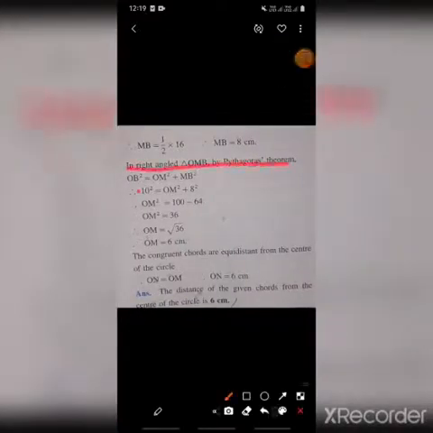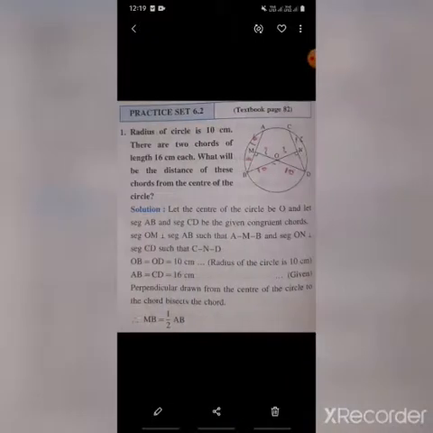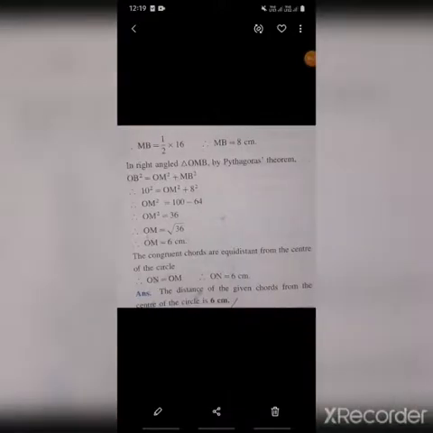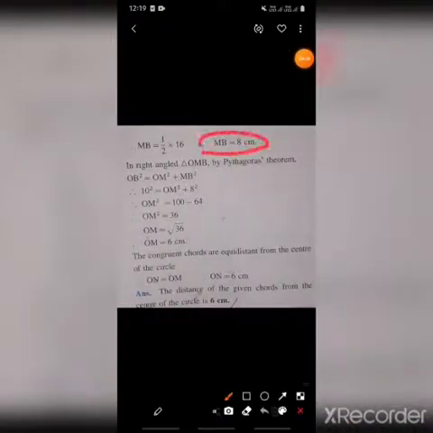In a right angle triangle OMB, OB square is OM square plus MB square. Okay, OB is 10 centimeter. Here OB is 10 centimeter and MB, here we found, is 8 centimeter. Okay. Then OM as it is we will write here.